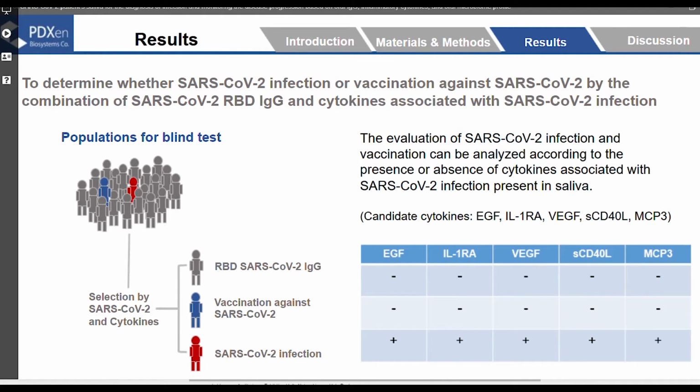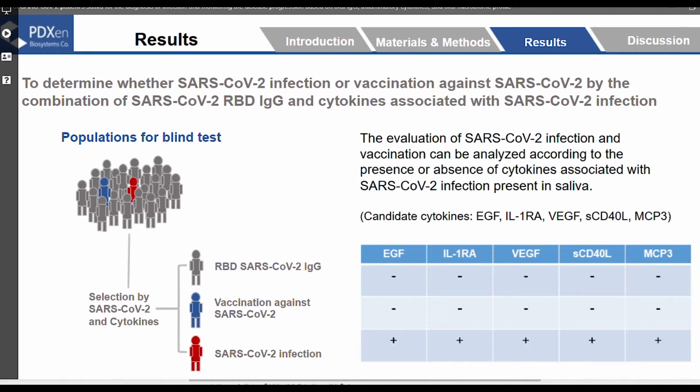Why are we doing that? If you have that population, as a blind test we can select three different kinds of people. One has very low IgG levels, even without vaccinations. Others have highly elevated IgG, and we can tell they had vaccinations.